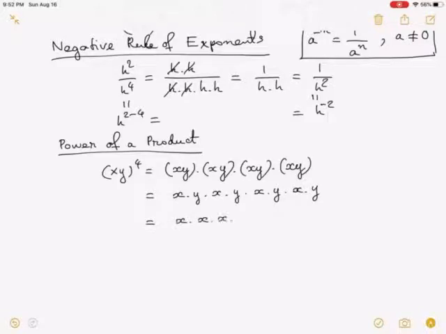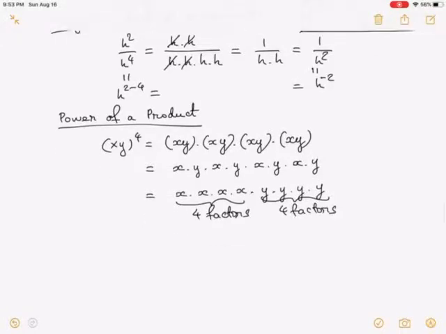Because multiplication is commutative, this is the same as x times x times x times x, 4 factors, and times y times y times y times y, also 4 factors. So this is x to the power 4, y to the power 4.